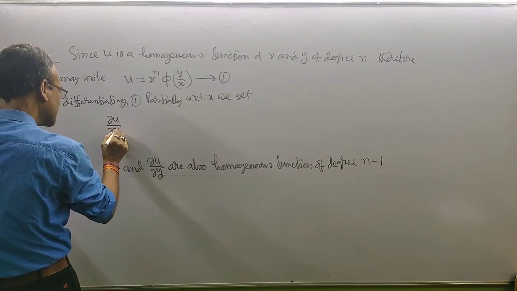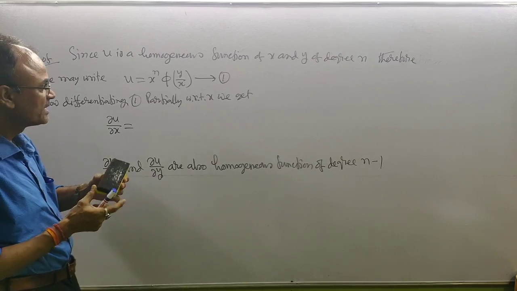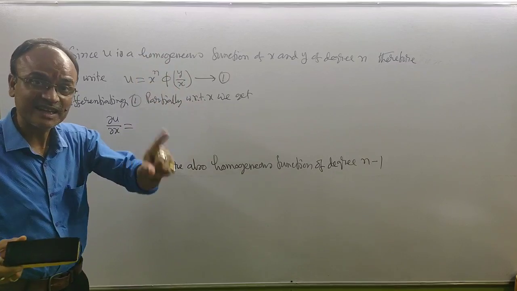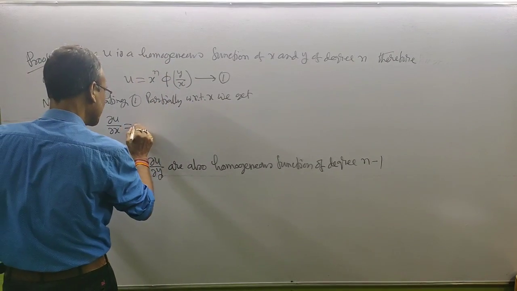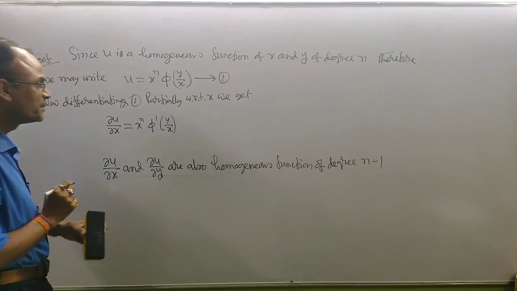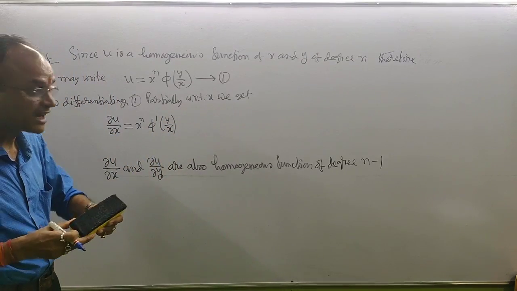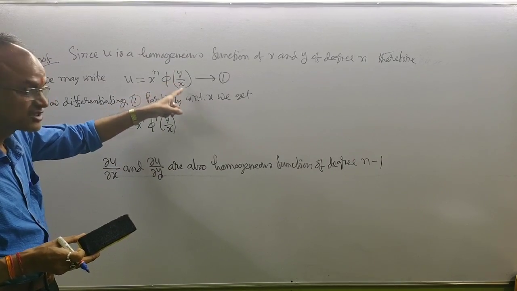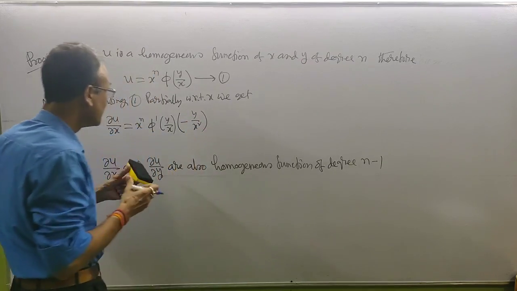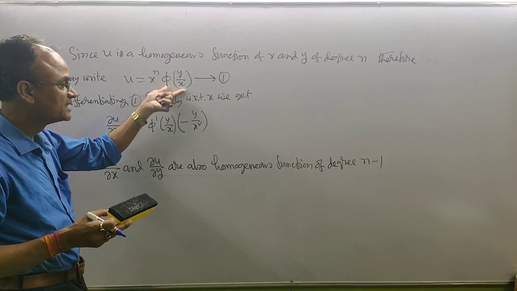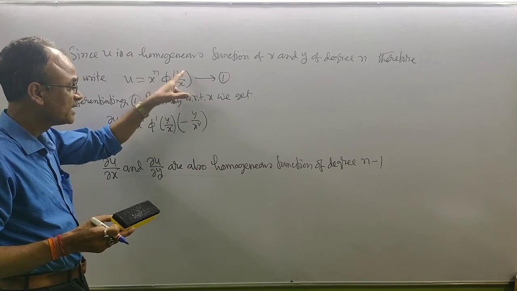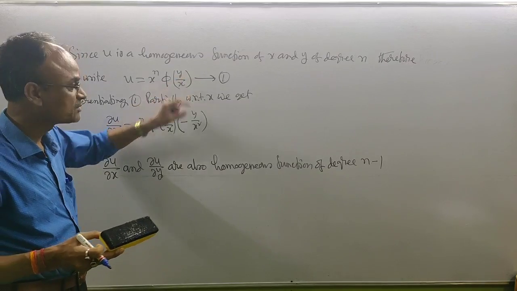Del u by del x equal to, you see here, it is a product function. x to the power n is one function, phi of y by x is another function of x and y. First function x to the power n, times the differentiation of the second function, phi dash y by x. Now you have to differentiate y by x partially with respect to x.